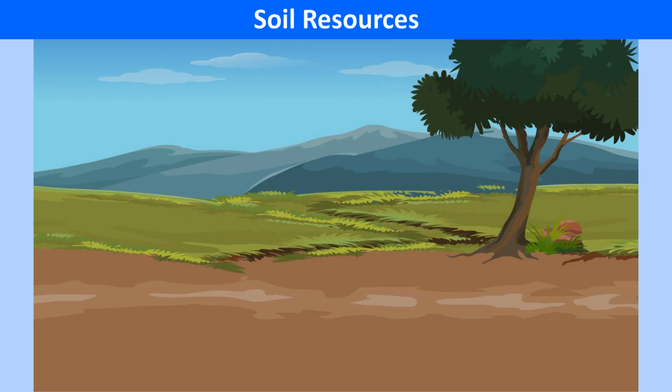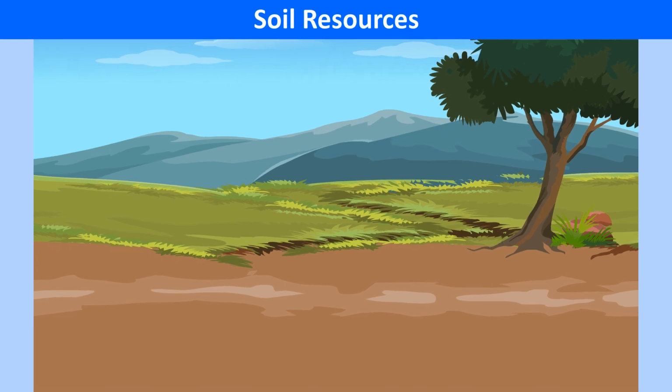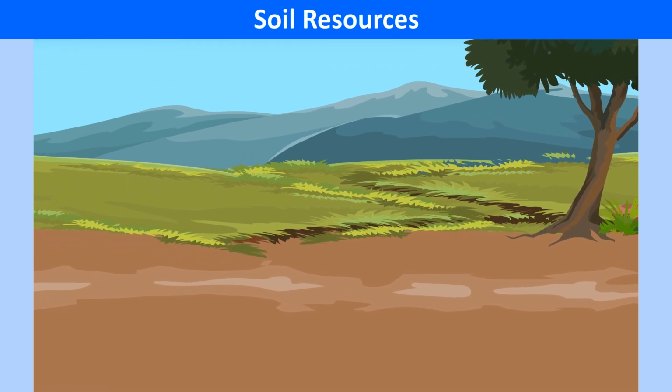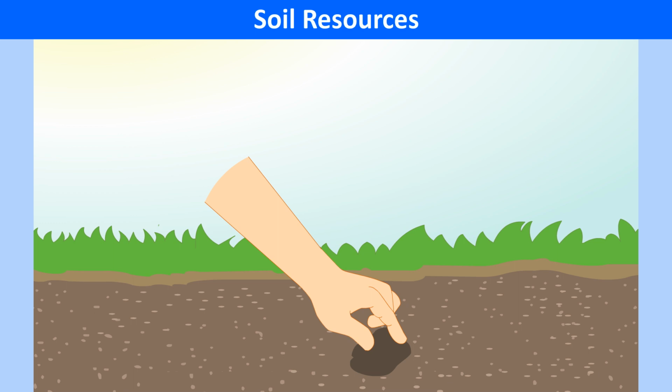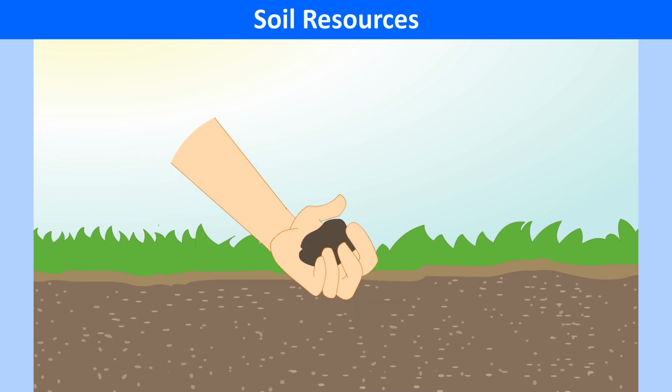Resources. Soil resources. Soil is the uppermost layer covering the surface of the earth. Have you ever picked up soil with your bare hands? How does it feel to hold it? Soil consists of minerals and organic matter, air and water. Minerals come from the weathering of rocks, while organic matter consists of biological plants and organisms, both living and dead.